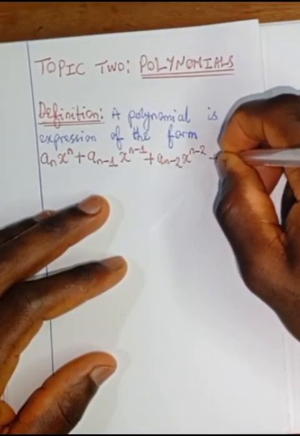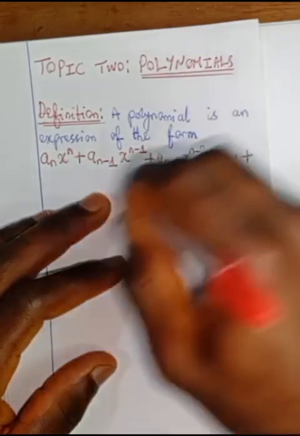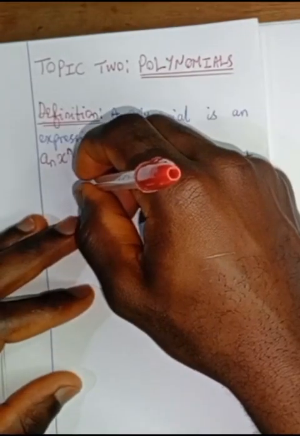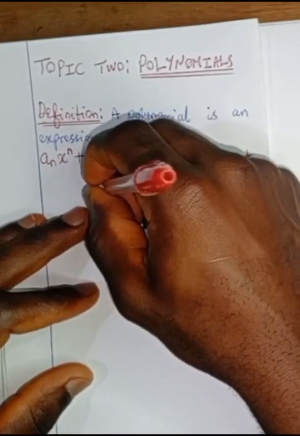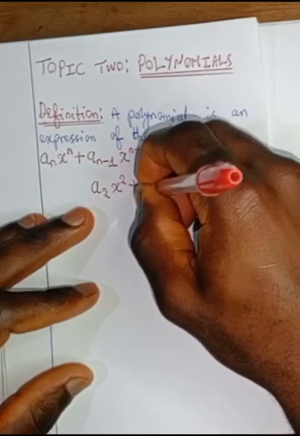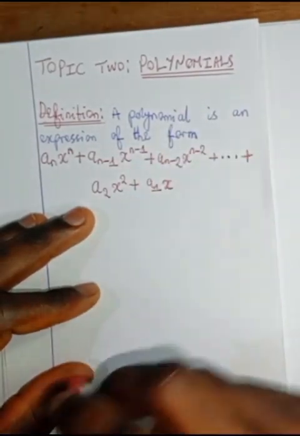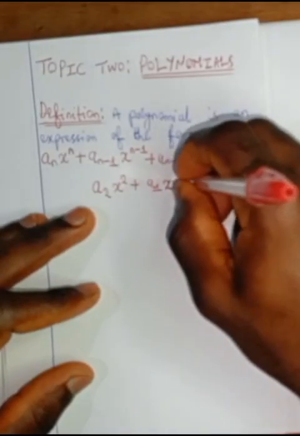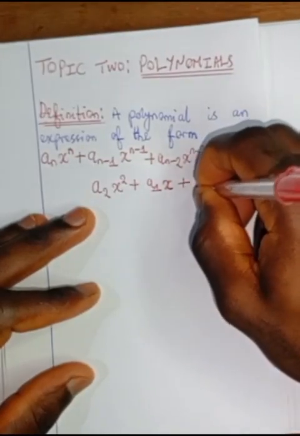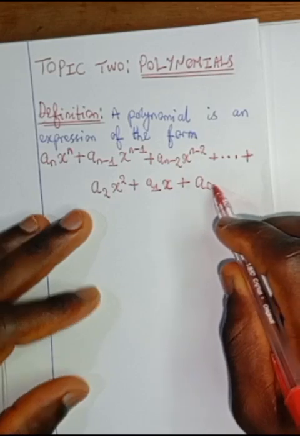That means the terms continue, plus the term a subscript 2 x raised to the power 2 plus a subscript 1 x raised to the power 1. Remember, x raised to the power 1 is simply x, plus a subscript 0. Here we have a subscript 0 times x raised to the power 0.